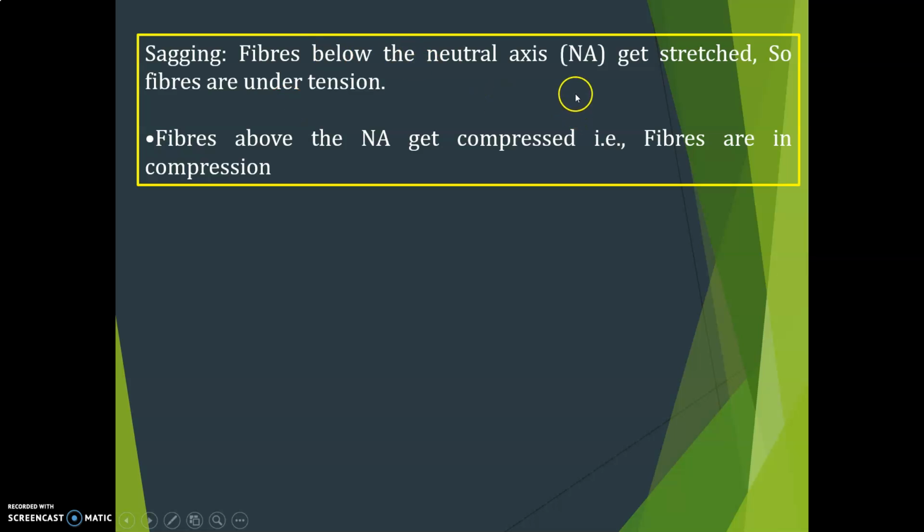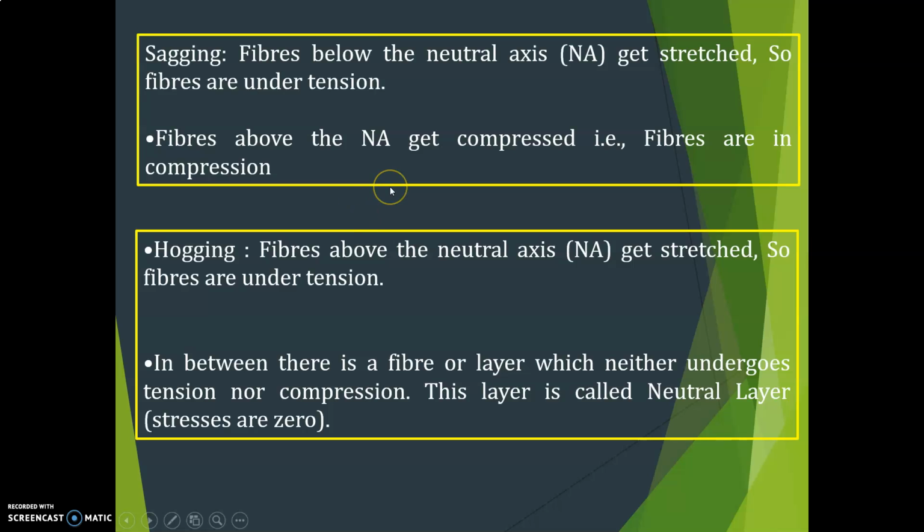In sagging, the fibers below the neutral axis get stretched, so the fibers are under tension, and the fibers above the neutral axis get compressed, so the fibers are in compression. In hogging, the fibers above the neutral axis get stretched, so they are under tension, and the fibers below the neutral axis get compressed, so they are in compression.